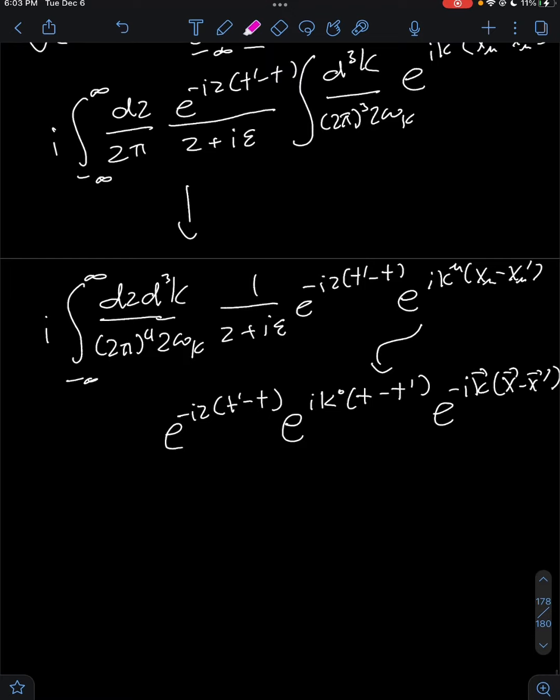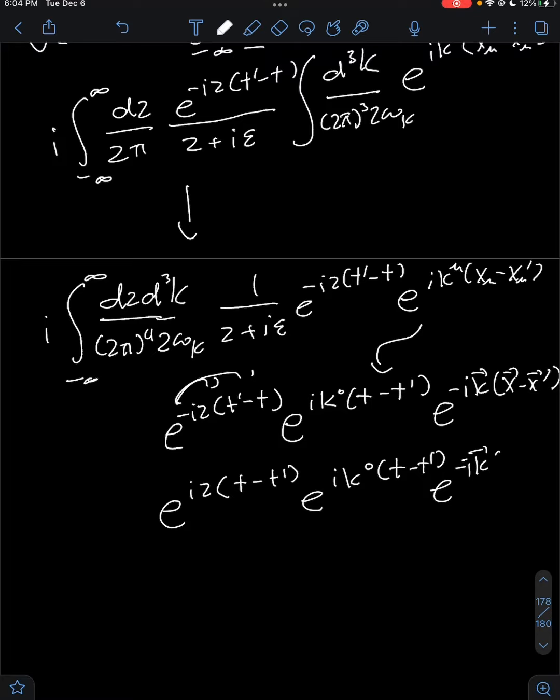But note for a second that here we have t prime minus t, and here we have t minus t prime. So we can't really combine them. Well, we could combine them, but let's do some smart stuff before we combine them. Let's distribute the negative sign in front. That's going to give us e to the i z (t minus t prime). And now it's in the same order as this one.